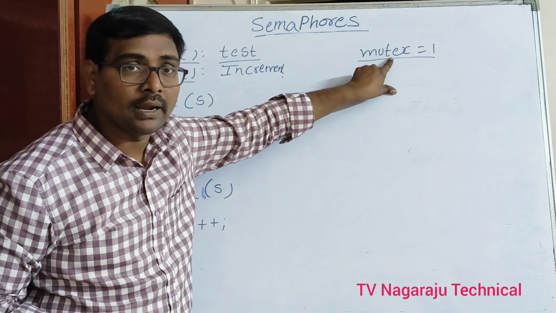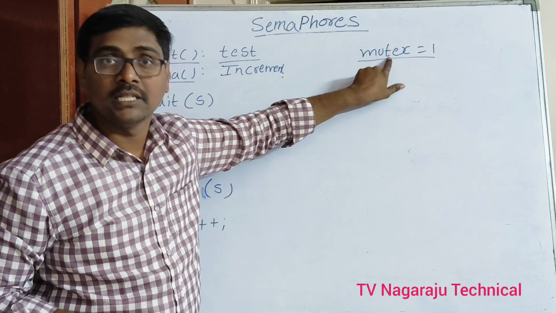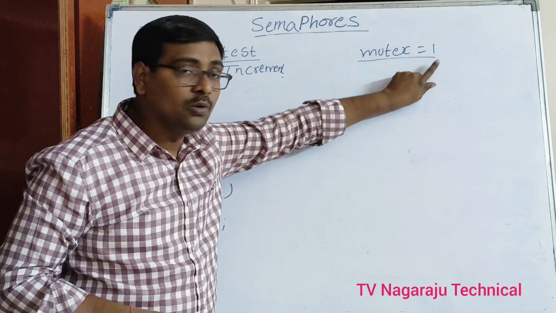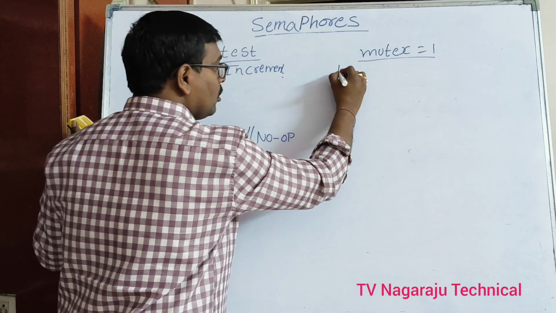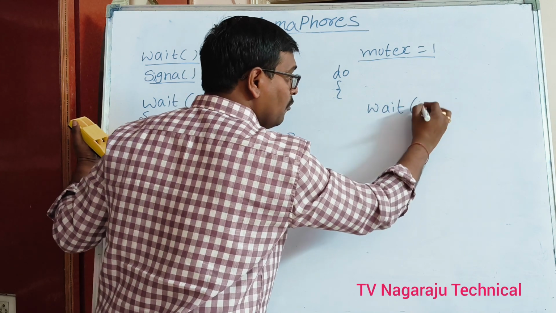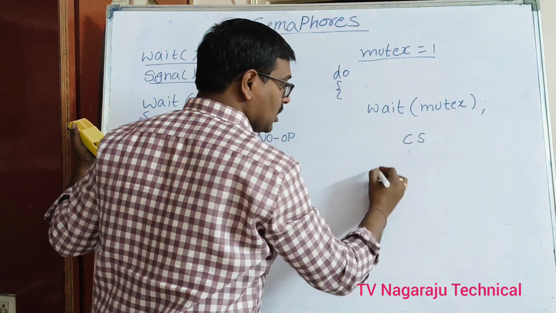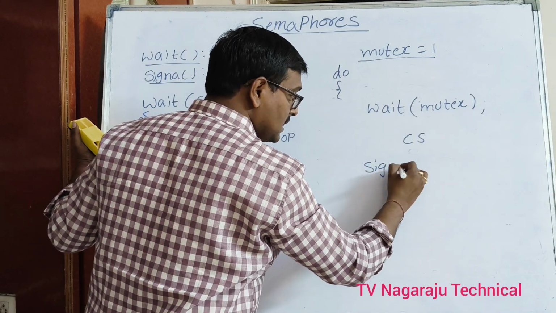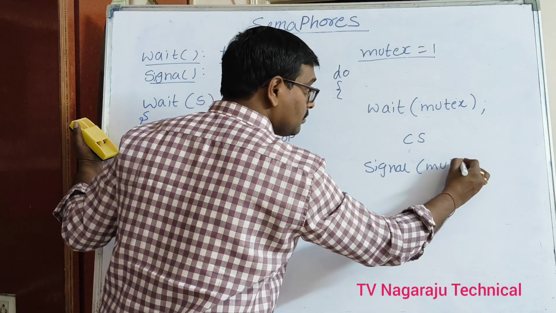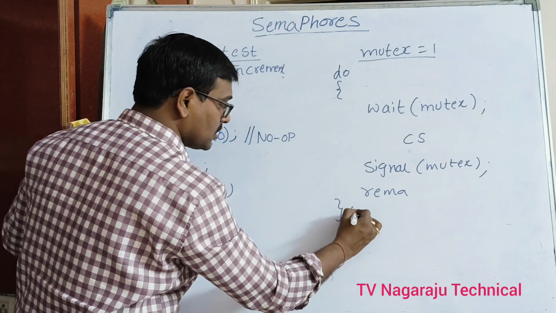Initially, mutex is my semaphore name, and the mutex value is equal to 1. do while: first, I call wait of mutex, then the critical section. After that, signal of mutex, and the remainder section, and close.